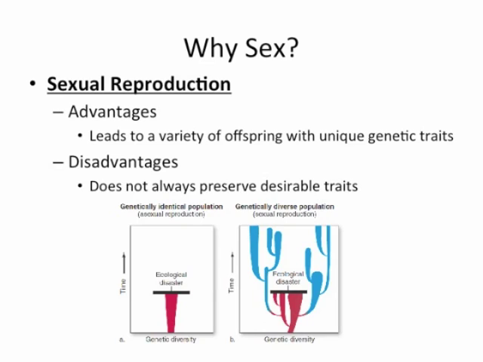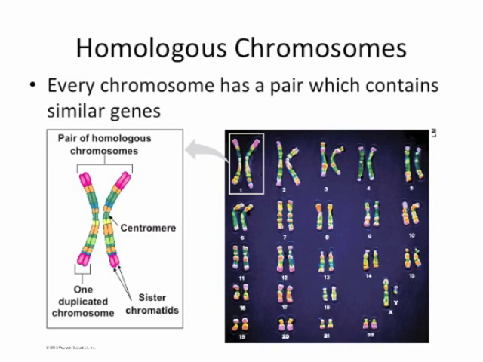But the one thing I want you to know is that DNA, the genetic material that's found in your nucleus, is organized into chromosomes, and you have 23 pairs of chromosomes in humans called homologous chromosomes.